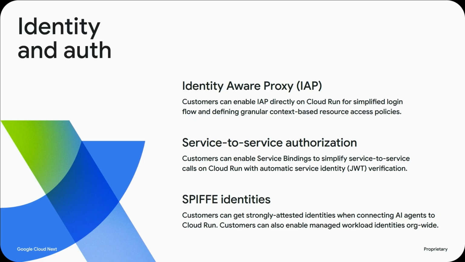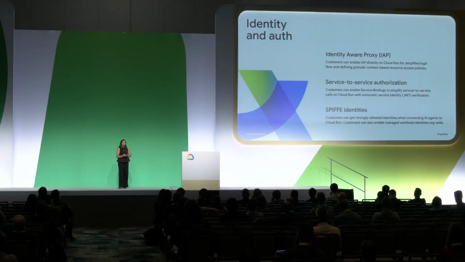For service-to-service communication, Cloud Run has considerably simplified how one service can connect to other service in a secure manner with automatic service identity verification. And lastly, every Cloud Run workload, firstly, starting with agents, get a strongly attested, uniquely identifiable, SPIFFE-based identities assigned by default. This is coming very soon for all your Cloud Run workloads, whether you're deploying Cloud Run services, jobs, or worker pools.